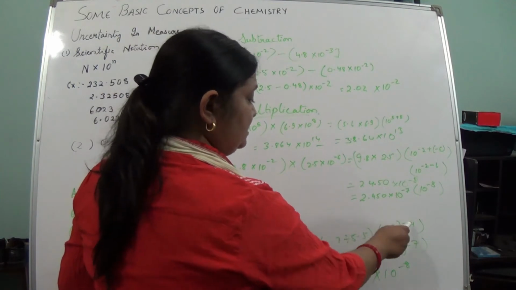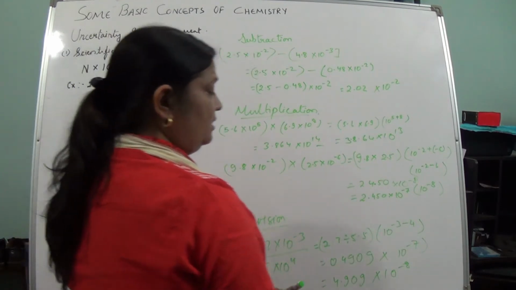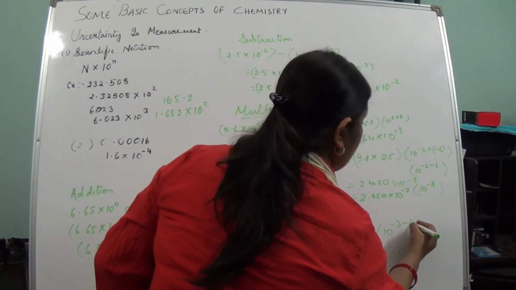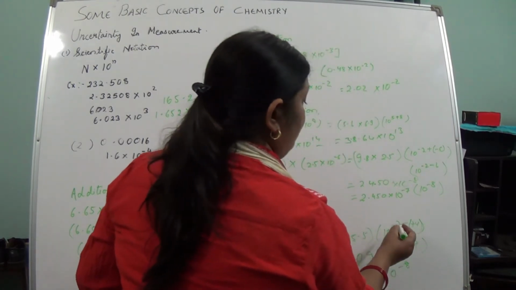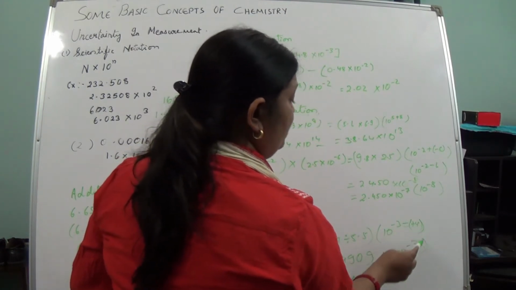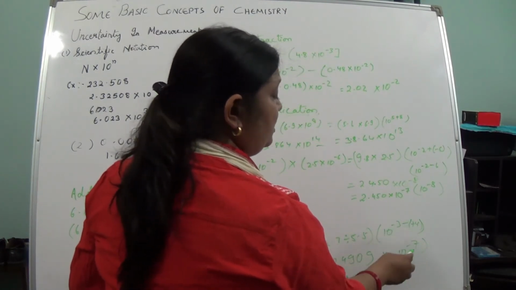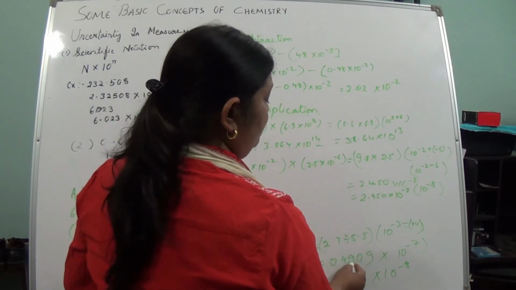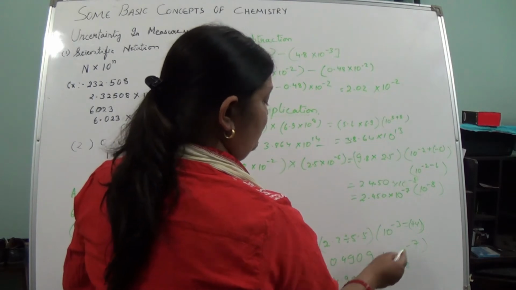So we subtract 4, so minus 3 and minus 4 becomes minus 7. So our value comes to 0.4909 into 10 to the power minus 7.